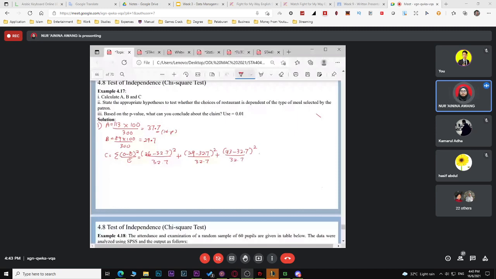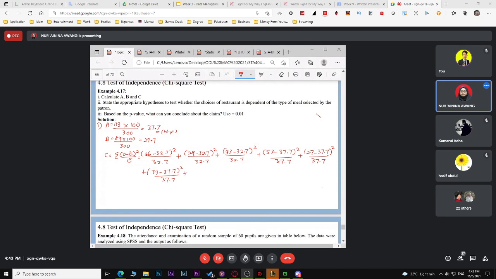So the value for A, you already have, so just substitute the value. 37 minus 37.7 squared over 37.7. Okay, then the next one, 3 minus 37.7.